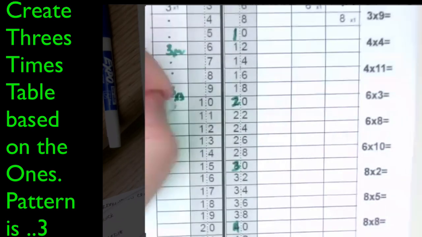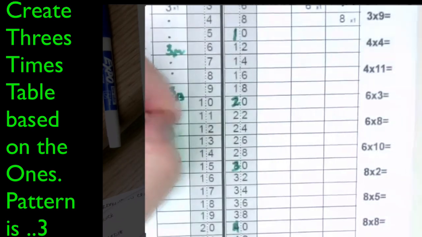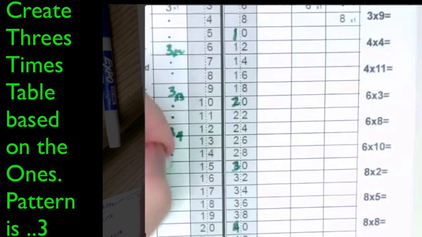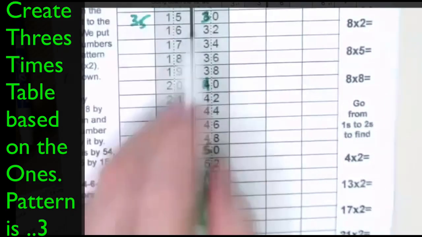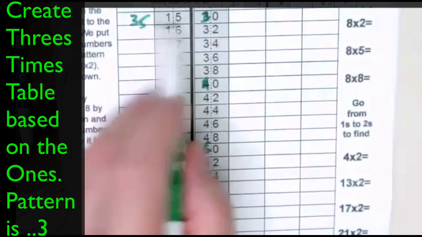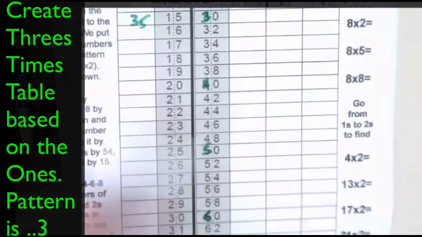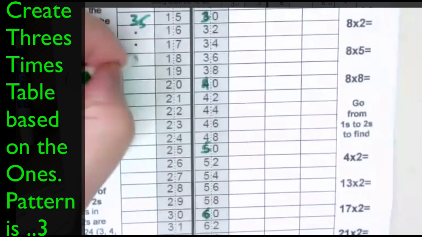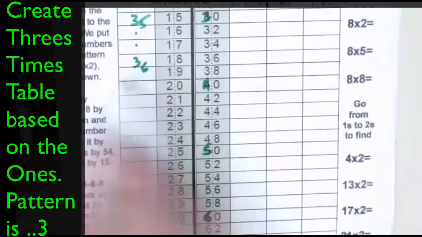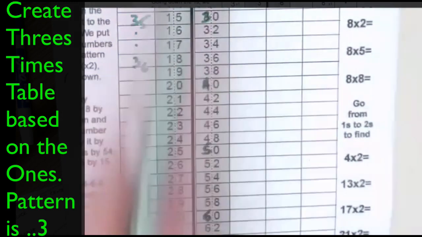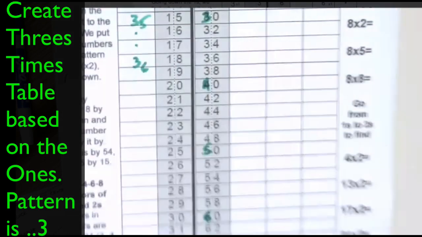Then you just continue on down. 3 3s, and that's 4. Dot, dot, 3 is 5. 5 3s are 15. These are also factors of 15, the 3 and the 5 both. Dot, dot, 3, and that's 6 3s is 18. There's just so many ways you can look at that and speak to it, and they all make sense.